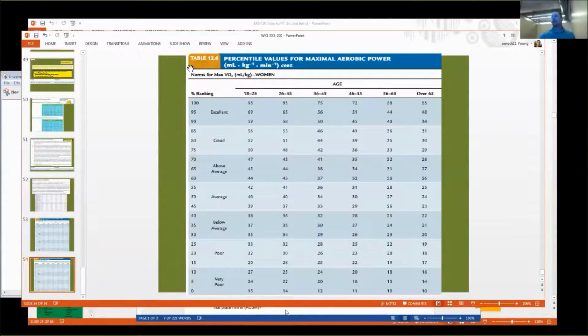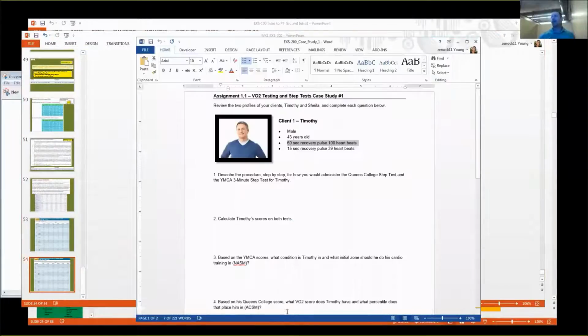Now, if we go to our NASM textbook, so we'll leave ACSM and go to our NASM for the YMCA step test. And just as a side note, that makes me mad. NASM is a different company, and they're quite competitive. They don't play in the playground very nicely with the other groups, right? So they want to stand apart and stand out from ACSM and NSCA.